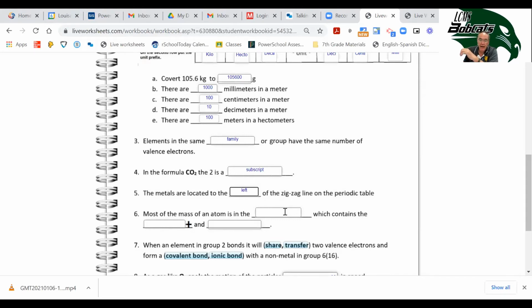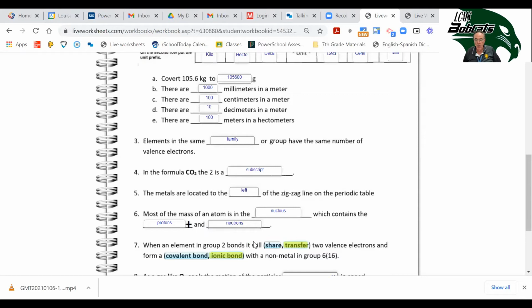Most of the mass of an atom is in the nucleus. And in the nucleus were the protons, which are positive, and the neutrons are neutral. When an element in group 2, which is a metal, bonds, it will transfer 2 valence electrons and form an ionic bond with a nonmetal.